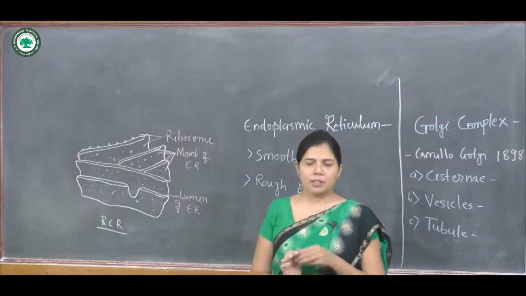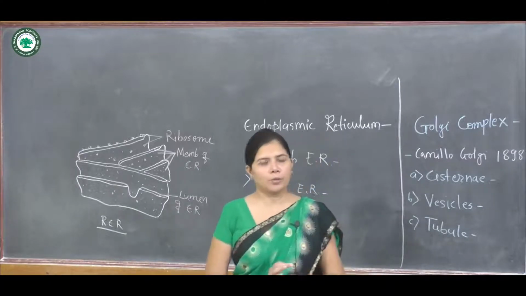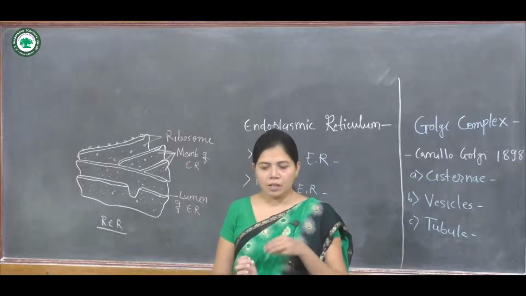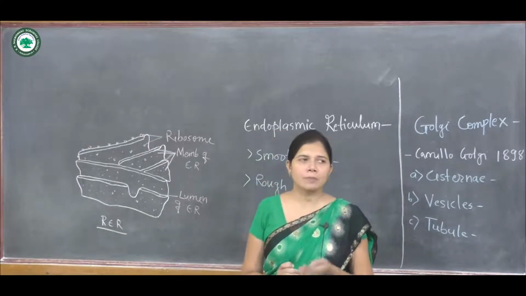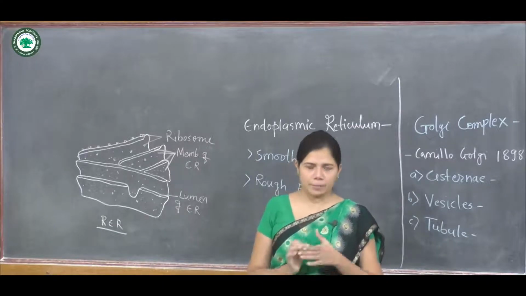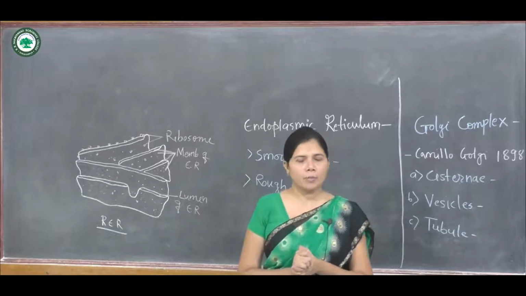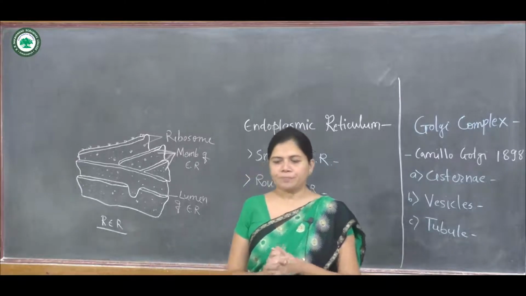It is present in all eukaryotic cells, except the ova and mature RBCs. In red blood corpuscles the endoplasmic reticulum is absent, as well as in the female ova.